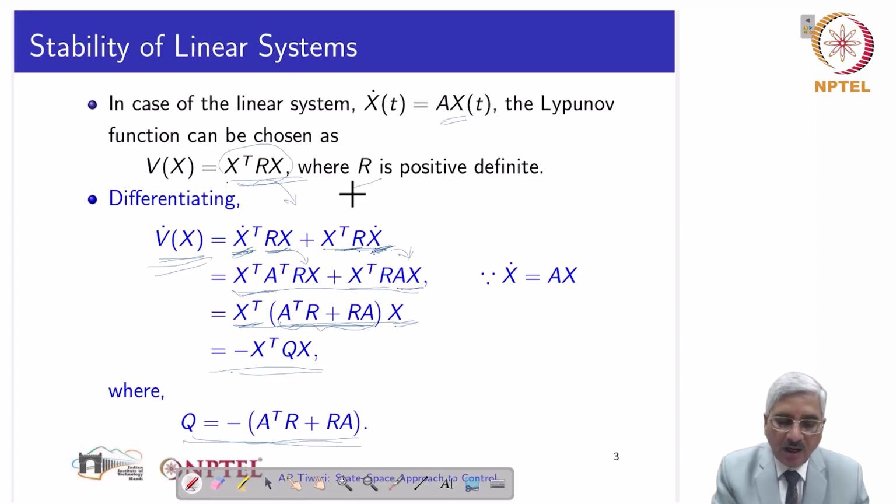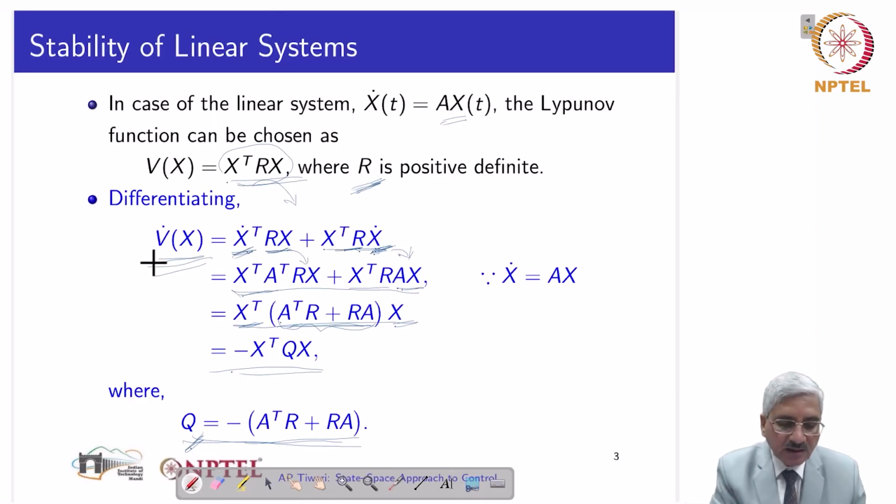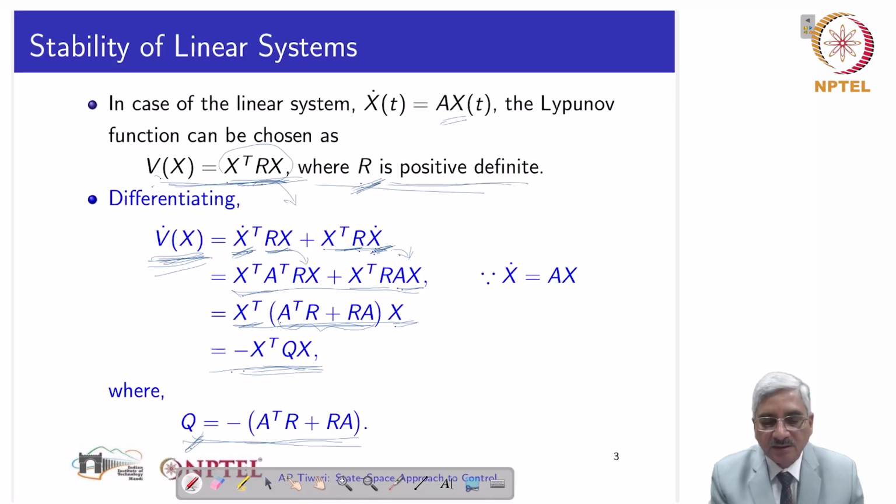Remember, as R was positive definite and symmetric, we see Q will be symmetric, and we have to see further about it. Now what we see is that this V dot x, if it is negative definite, then because Vx is positive definite, because of R being positive definite, so we have Vx positive definite, V of 0 is 0, it is a quadratic form, it satisfies the conditions of being the Lyapunov function.